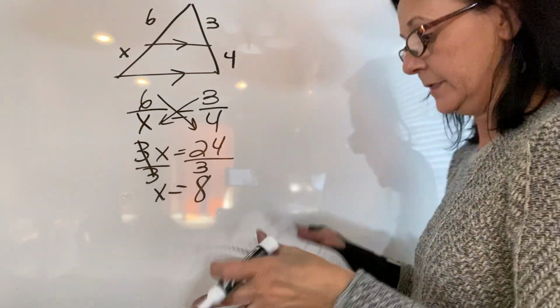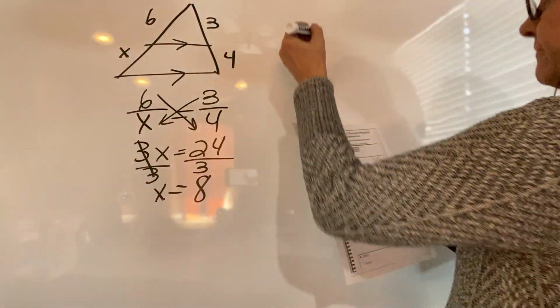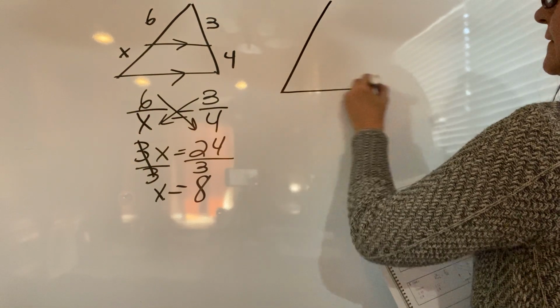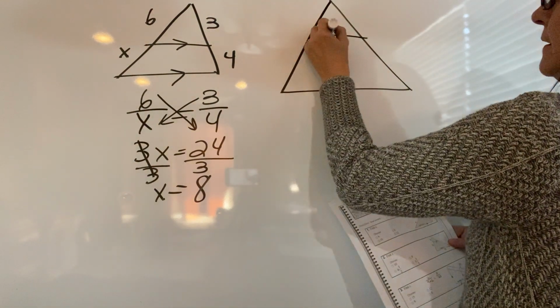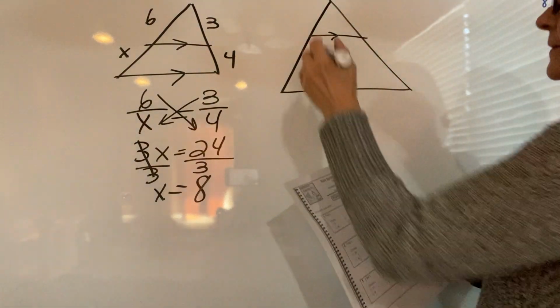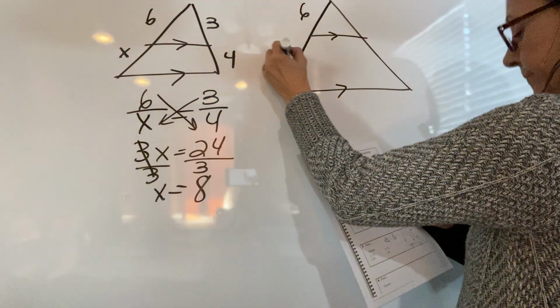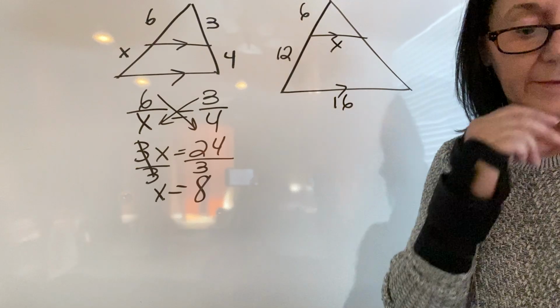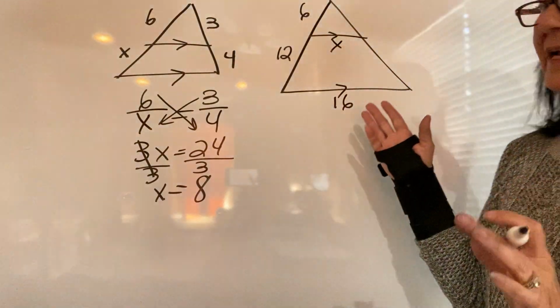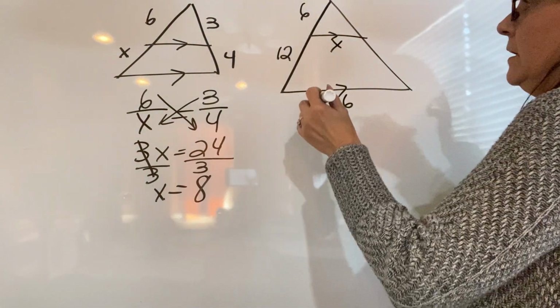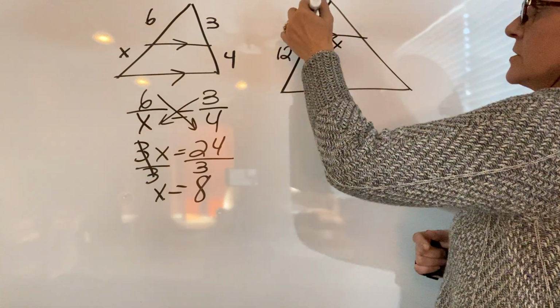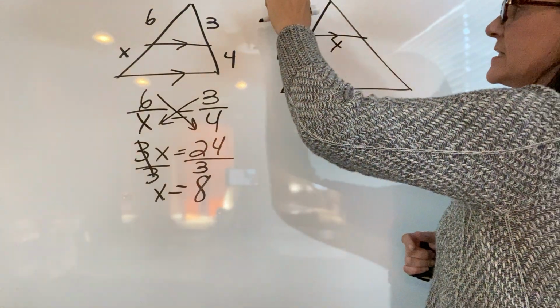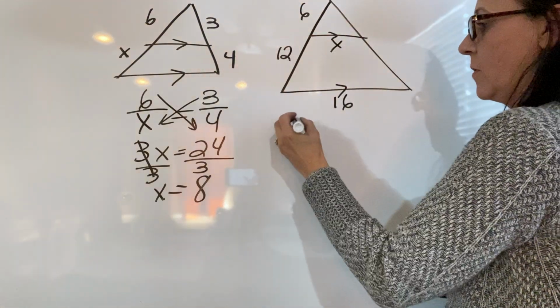All right, let's do another one. Looks a little different. Those two sides are parallel. I'm given this side. So I'm going to take 6 over X in the small one.